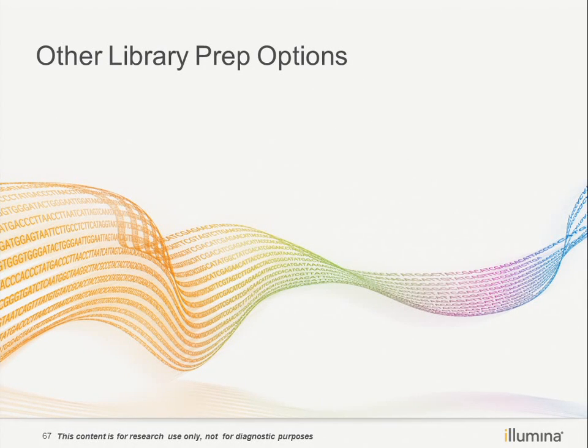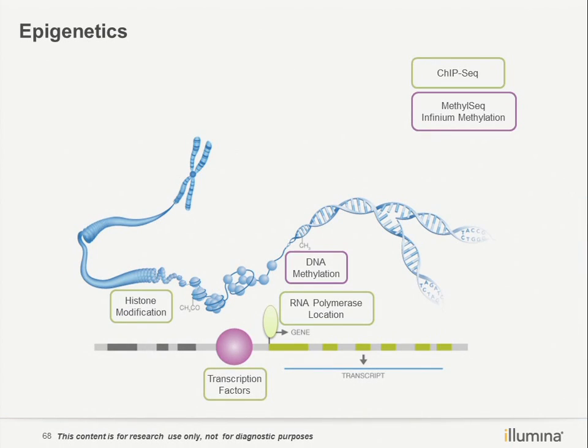So the final part, the other library prep options. Because of the time limit, I don't want to go into more detail, but the major study is epigenetics. So here we know that commonly studied epigenetics is DNA methylation and also the DNA interaction with proteins.